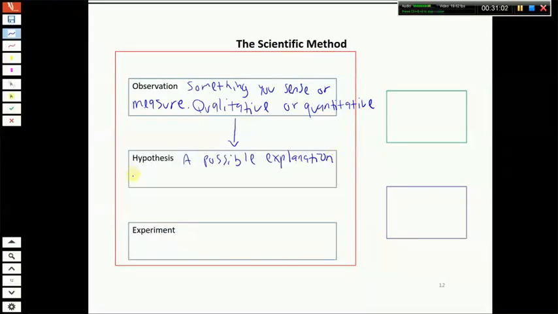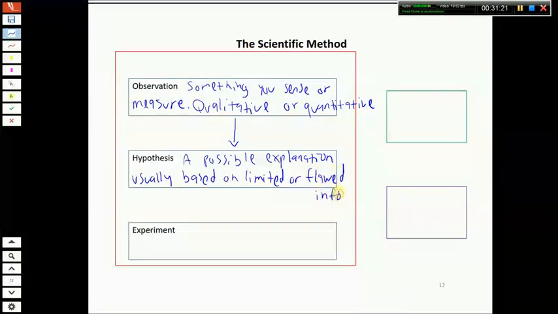And it's usually based on flawed or limited information. So making one observation or even a series of observations is often not enough to really know what's going on. And your hypothesis is just a way of saying, well, maybe this is what's happening, or maybe this is an explanation for it, but you don't have enough information to really be conclusive about that.